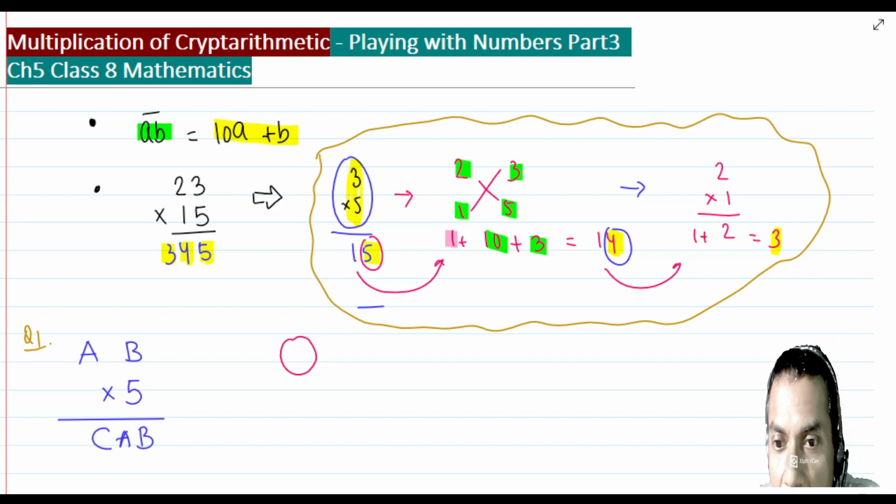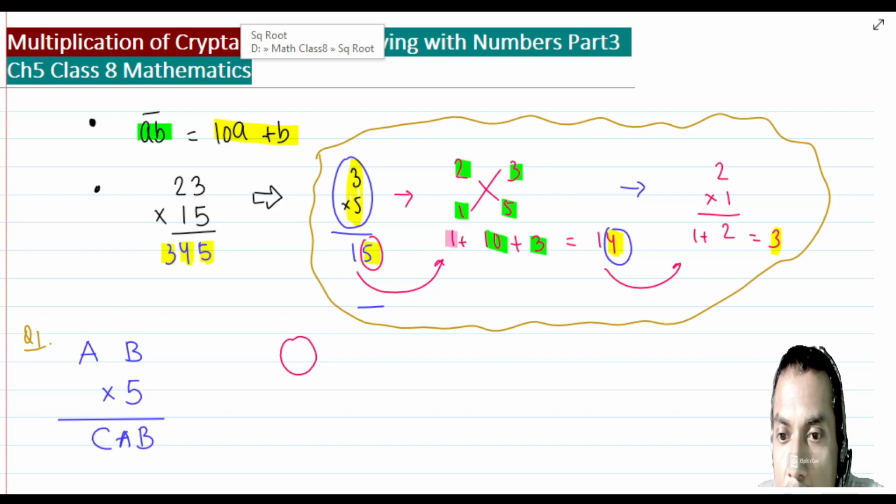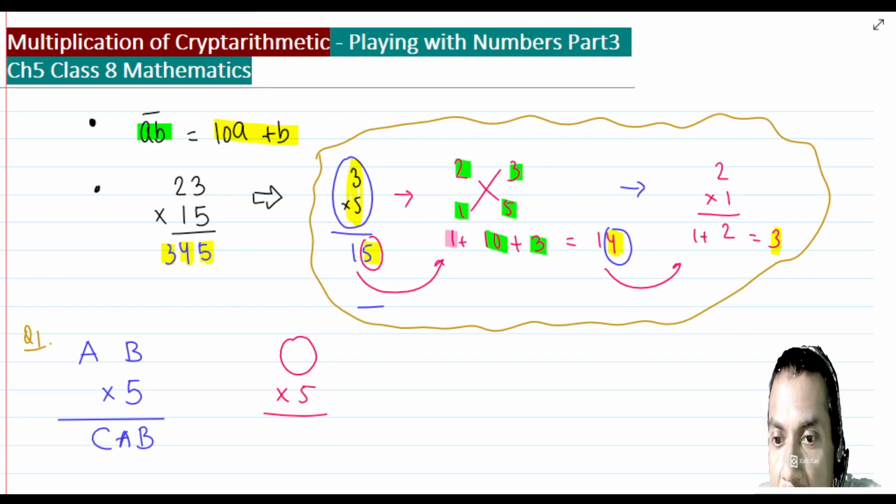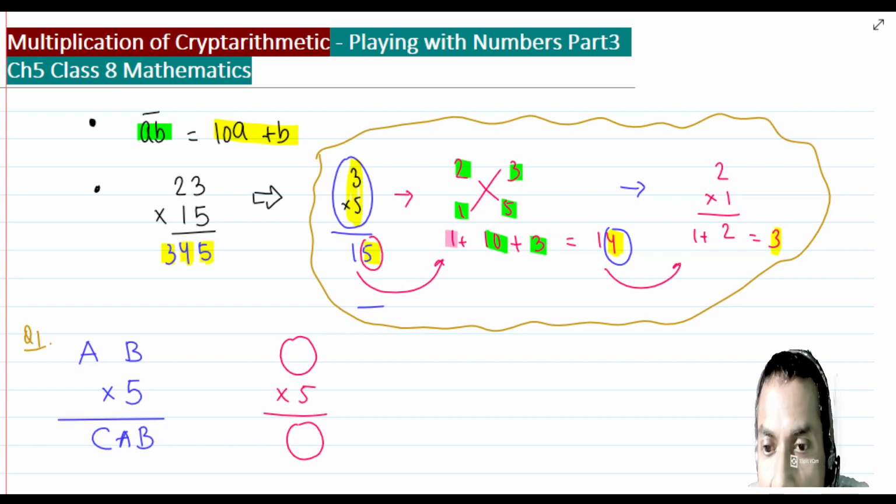So I consider the b and 5 part. We write b, keep one space, then multiply with 5, and we get another blank circle. Now we have to fill this value inside the circle, which is the value of b. How many possibilities are there?